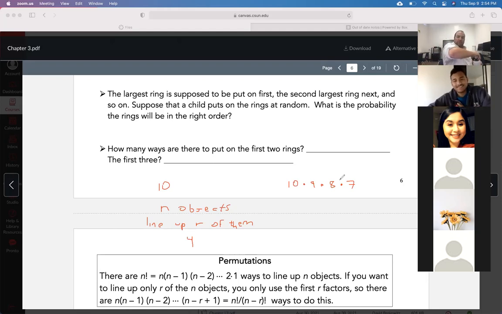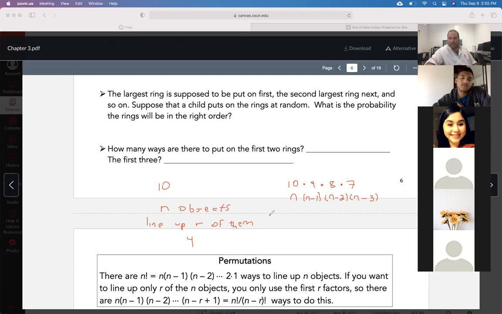In terms of n and r, there's n ways of picking the first one, n minus 1 ways of picking the second one, n minus 2 ways of picking the third one, and n minus 3 ways of picking the last one, correct? Agreed?